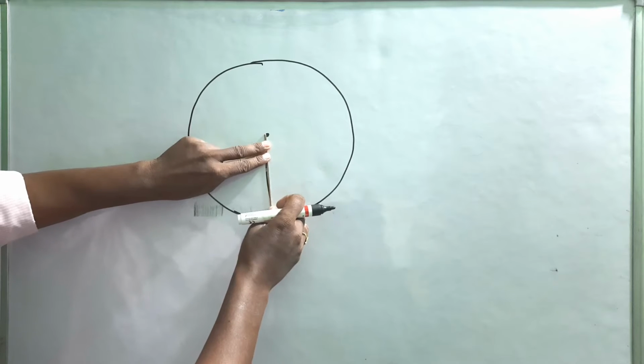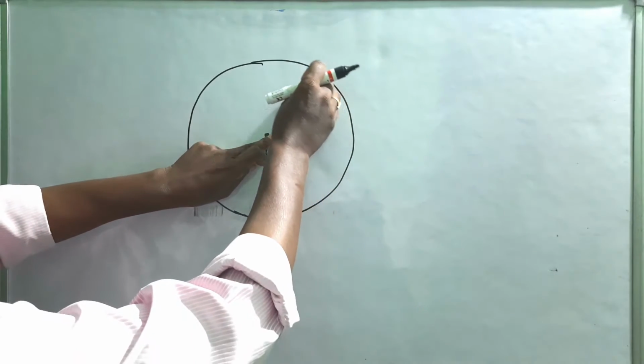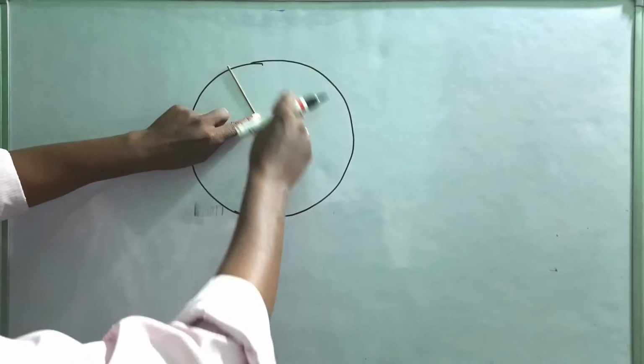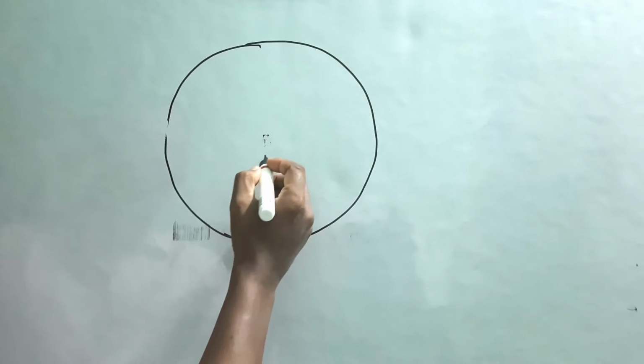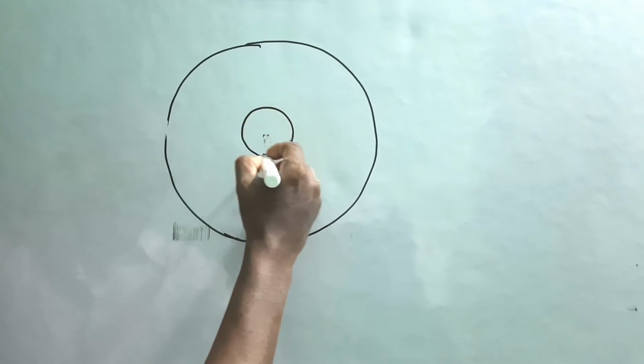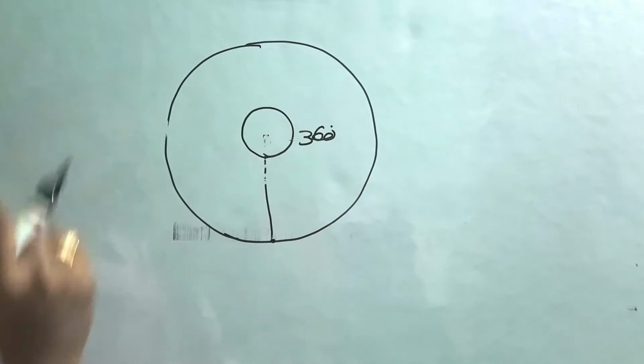Now when this stick rotates like this, when it makes one complete rotation, how much angle does it create at the center? It creates 360 degrees.